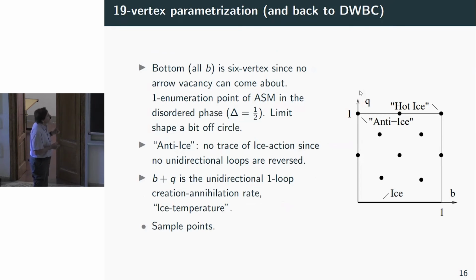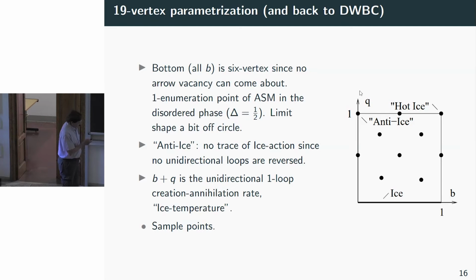Q is the rate at which you kill it, so the probability. If the probability is 0, they will always remain there. So the bottom is just the ice model, independent of B, because the ice model is fully packed with loops. There is nothing to be born in there. There are no sites that could give birth to oriented loops.